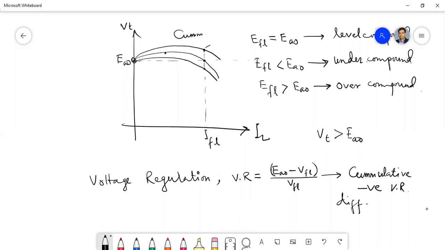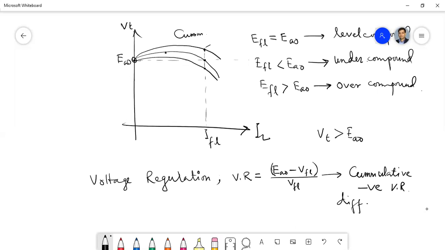Sometimes there is a question: why do we get more voltage regulation for a shunt generator compared to a separately excited generator? The answer I have already given.